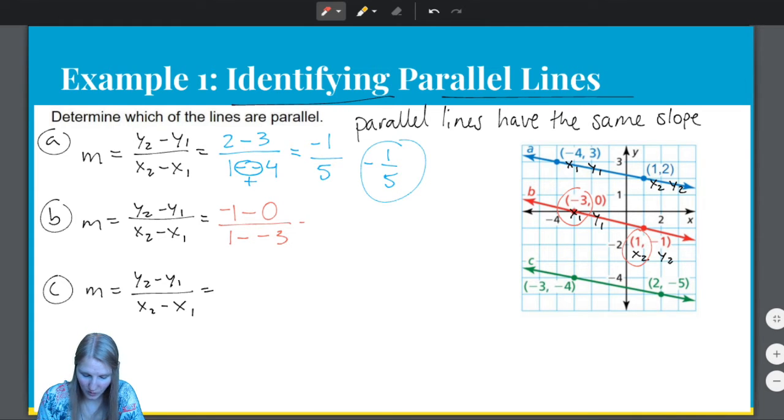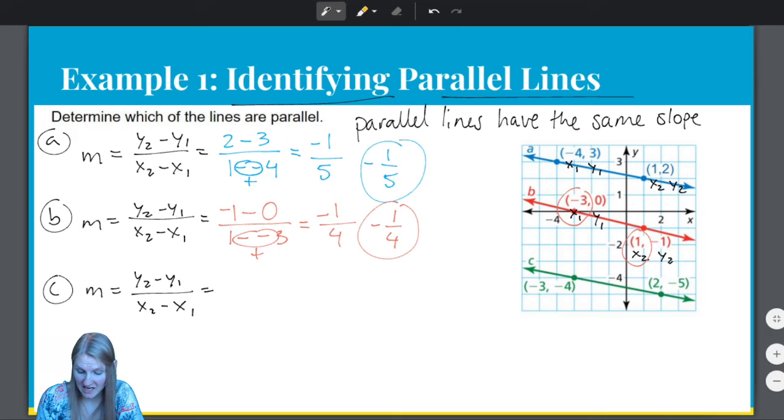Now, negative 1 minus 0, that's just negative 1. And 1 minus a negative, so 1 plus 3 is 4. So the slope of line B is negative 1/4.